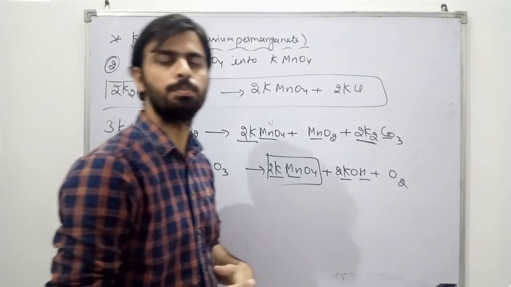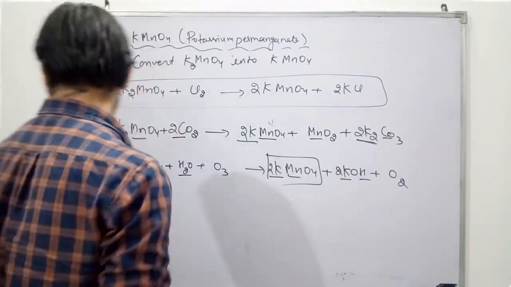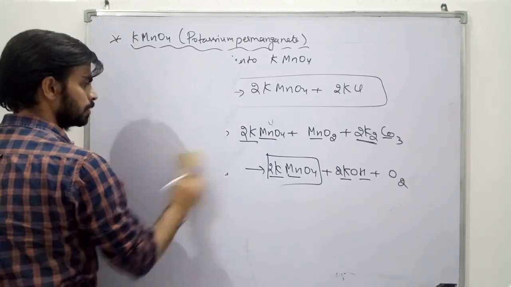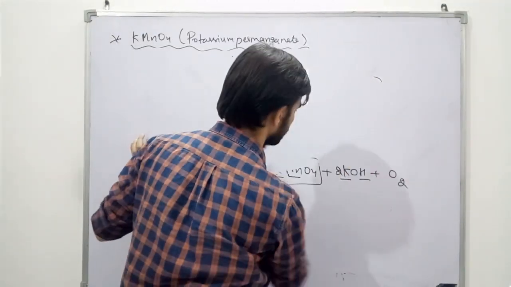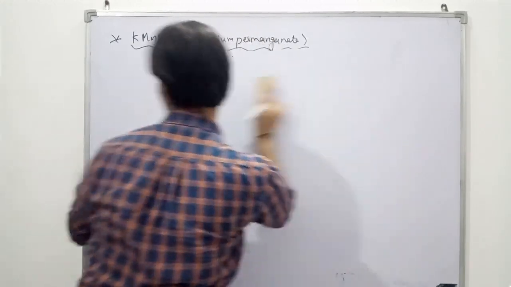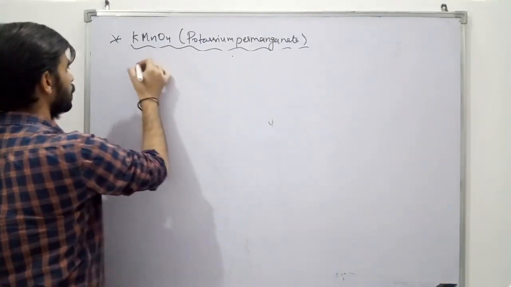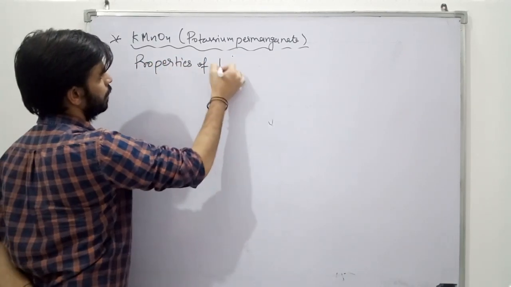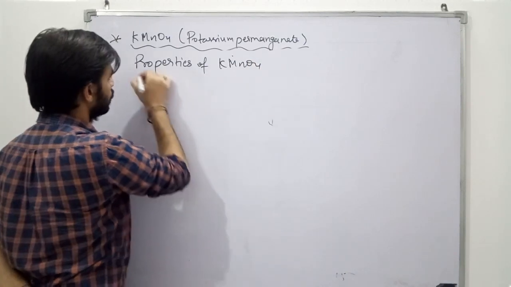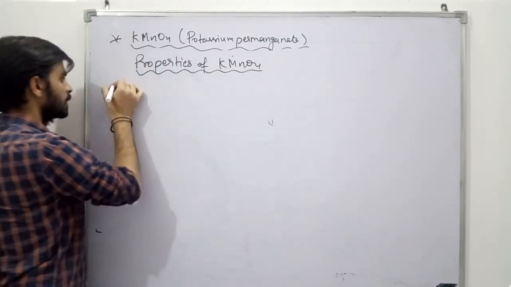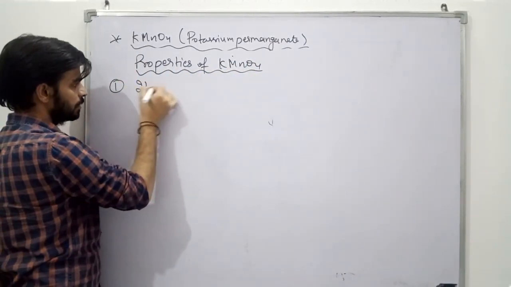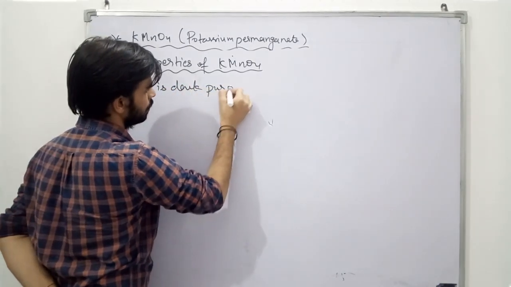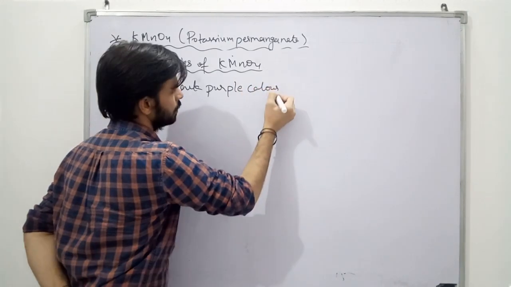Now, let's talk about some properties of potassium permanganate, KMnO4. The first point: it is a dark purple color crystalline substance.